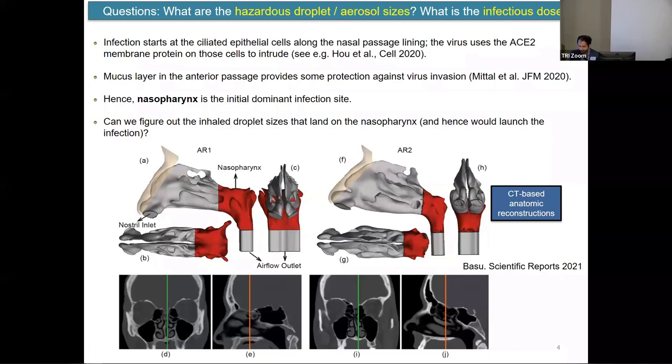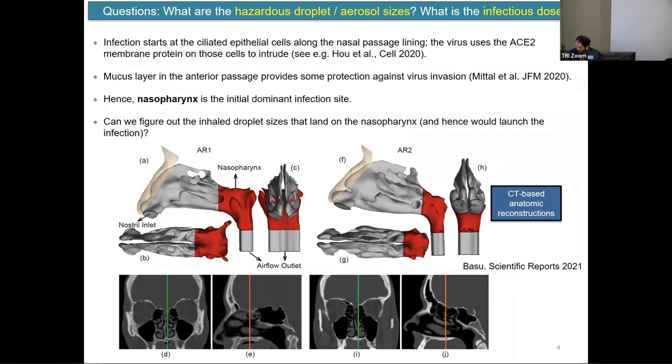We know that the infection starts at the ciliated epithelial cells that line the upper nasal airway. These cells have a surface receptor called angiotensin converting enzyme 2, or ACE2, which the virus can bind to and intrude into the cells. But there is also the observation that the frontal parts of the nose have a relatively thick layer of mucus, which provides some protection against viral invasion and infection.